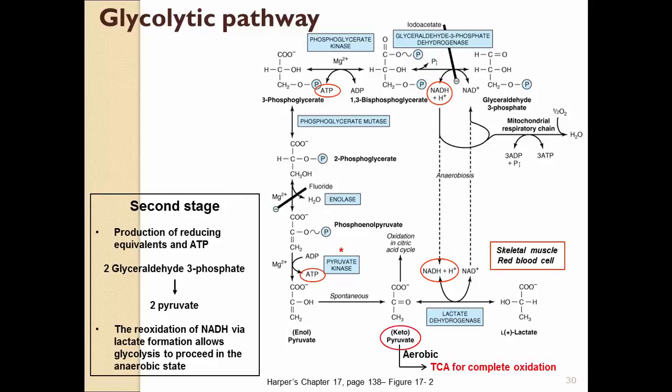NADH transports electrons from its molecule to the electron transport chain in the mitochondria for oxidative phosphorylation and generates ATP there. In other words, NADH has to go into the mitochondria to the electron transport chain and produce ATP there, right?